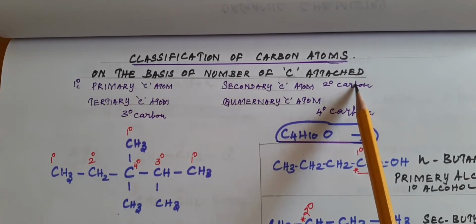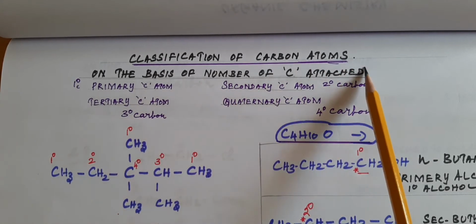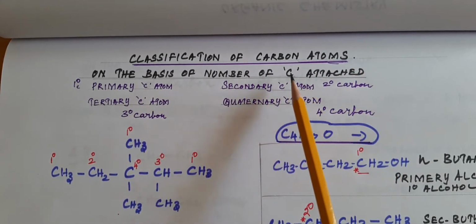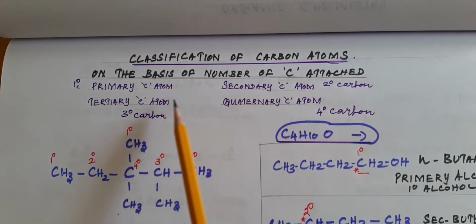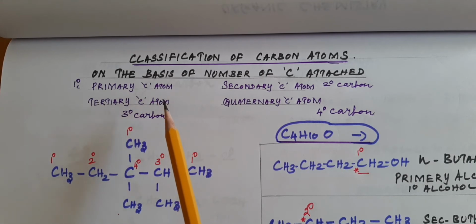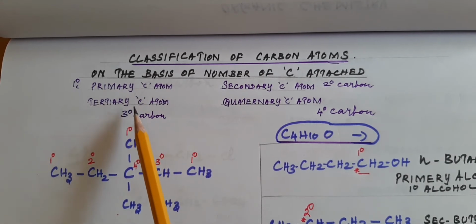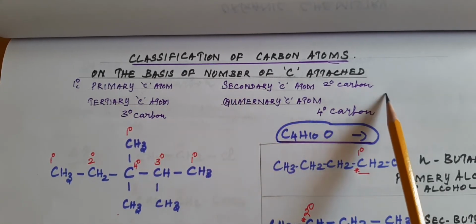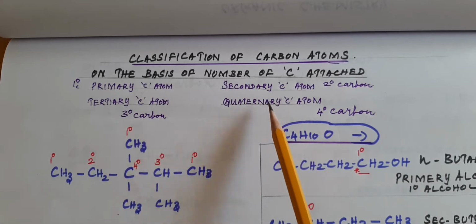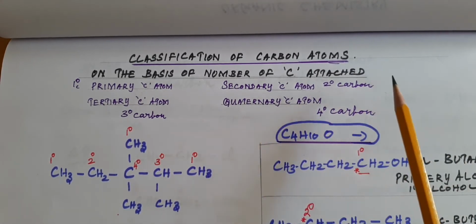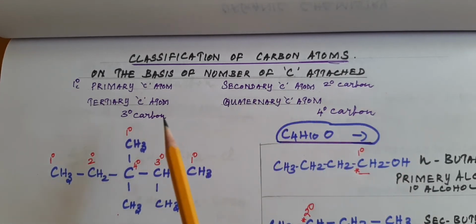Classification of carbon atoms on the basis of the number of carbons attached. Primary carbon: when a carbon is attached to only one other carbon atom, it is called a primary carbon or 1 degree carbon. Secondary carbon atom or 2 degree carbon atom: when a carbon atom is attached to two other carbon atoms.